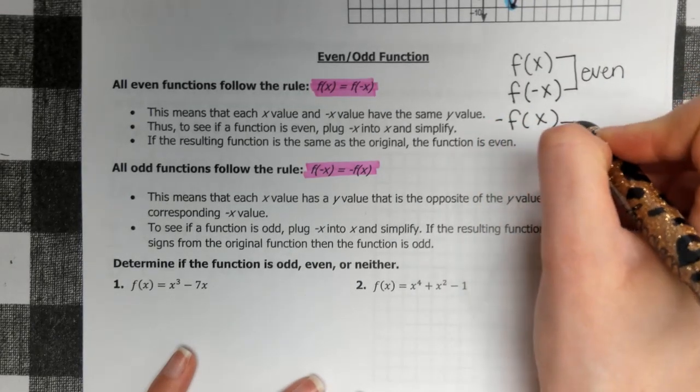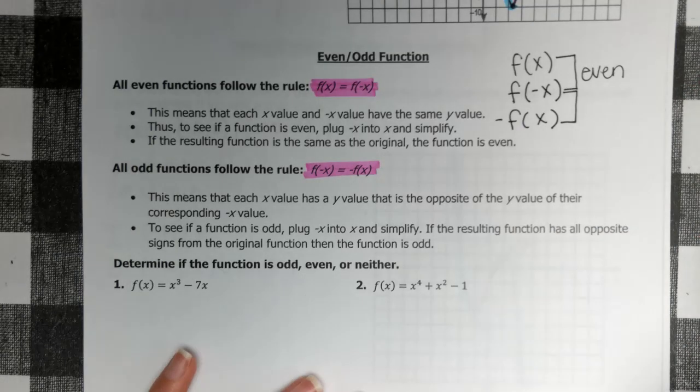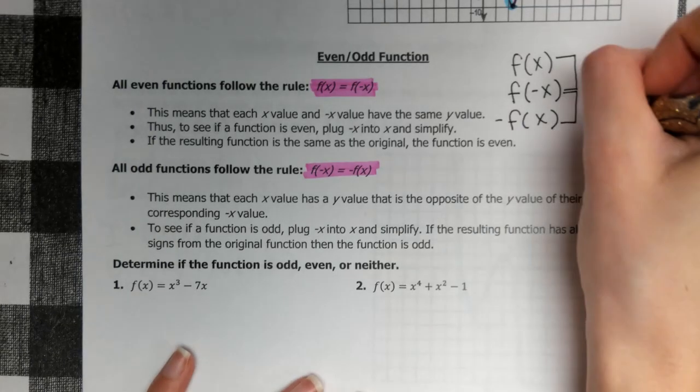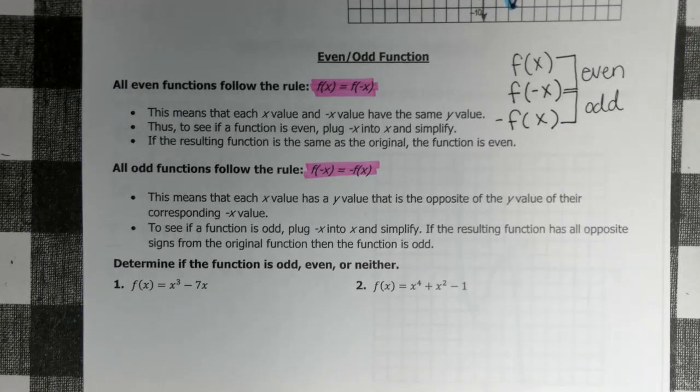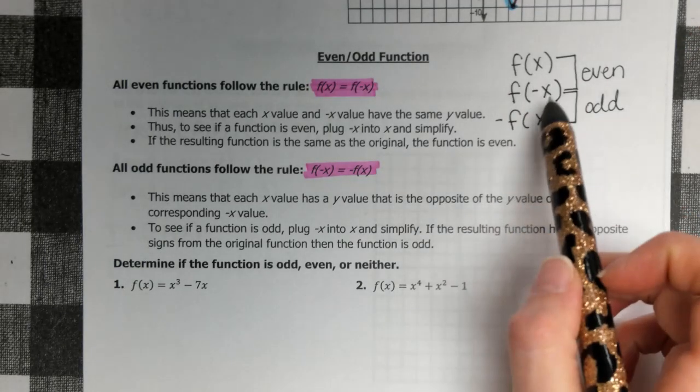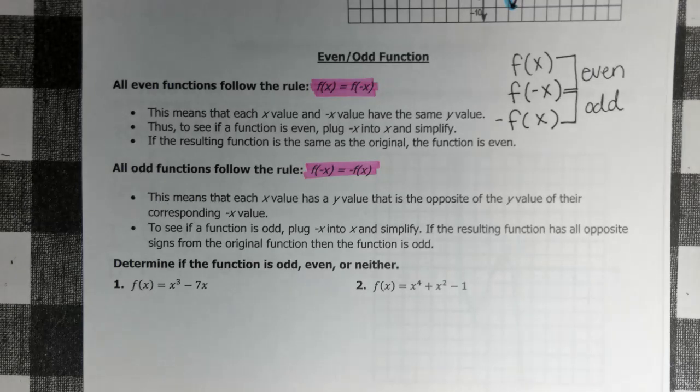If that negative f of x is equal to the f of negative x, then it's odd. If it's not, then it's neither. I write this out to the side because if you're a visual learner, you can see it in order top to bottom.